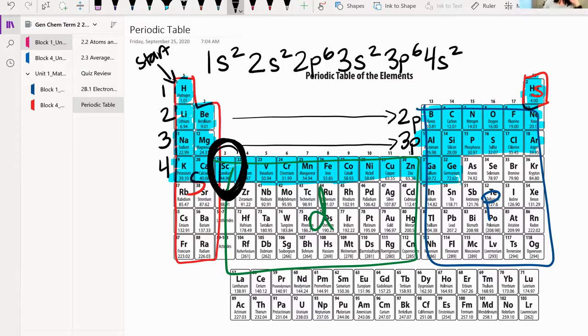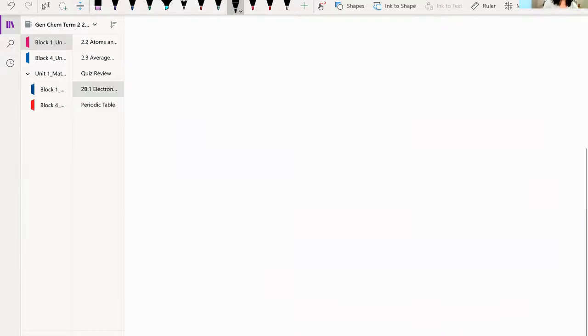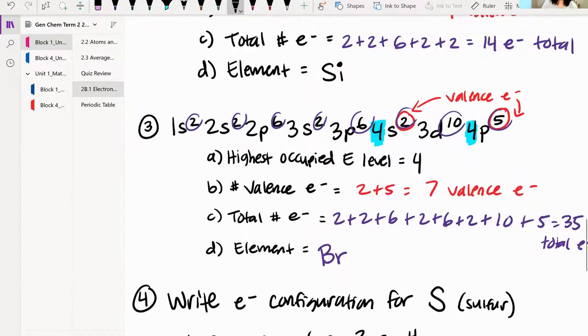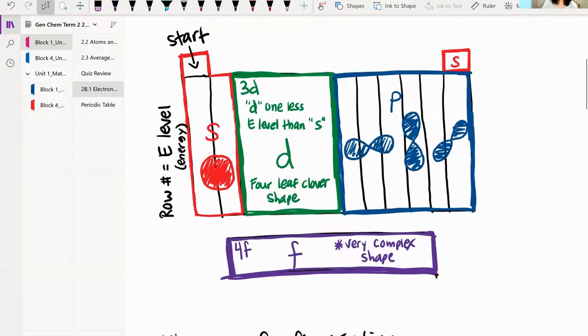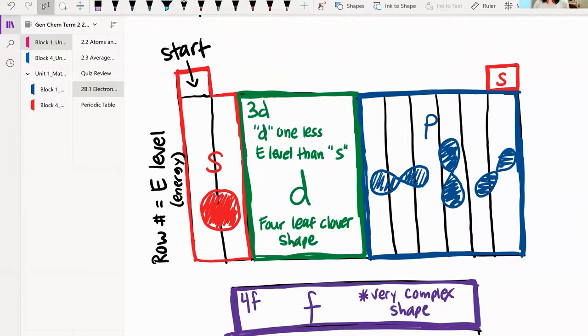But remember when we drew our makeshift periodic table today? I had you write something in that D region. Let me refresh your memory. There it is. Note what I had you write in that D block. In the top left-hand corner, I wrote 3D.